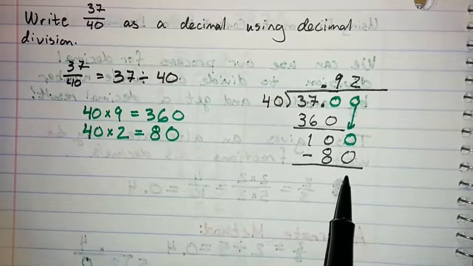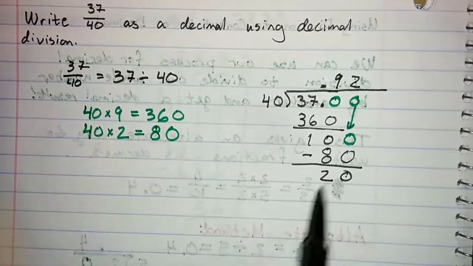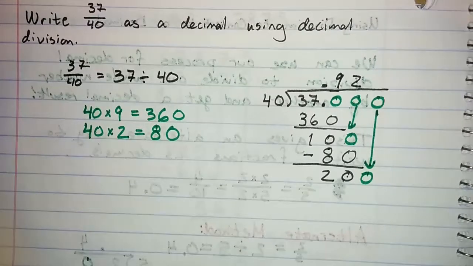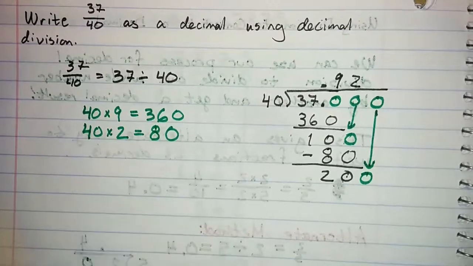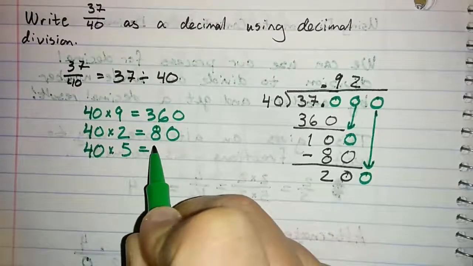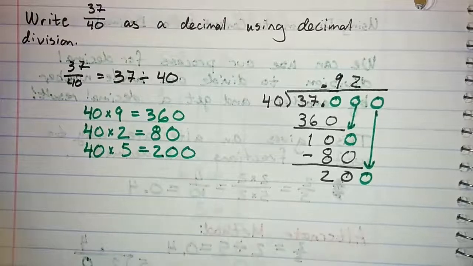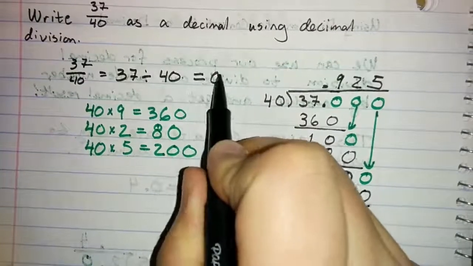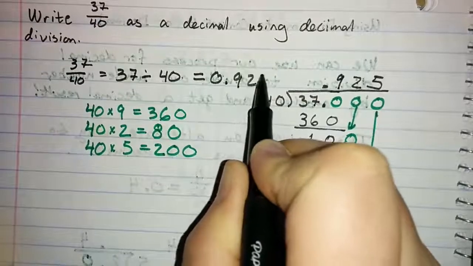Subtract again, and I get 20. Another 0 on the end. 40 goes into 200, I think 5 times, since 4 times 5 is 20, and then a 0 on the end. And now nothing is left. 37/40ths is 0.925.